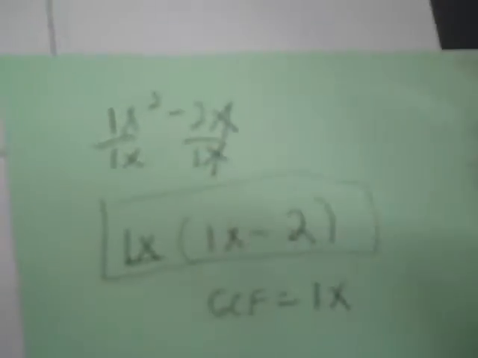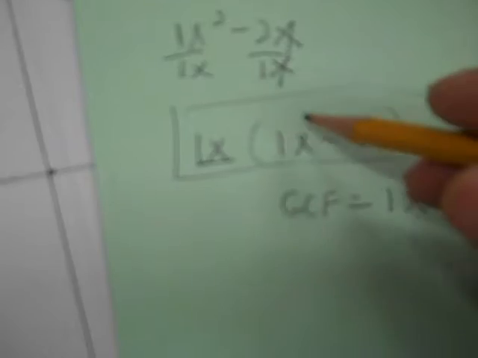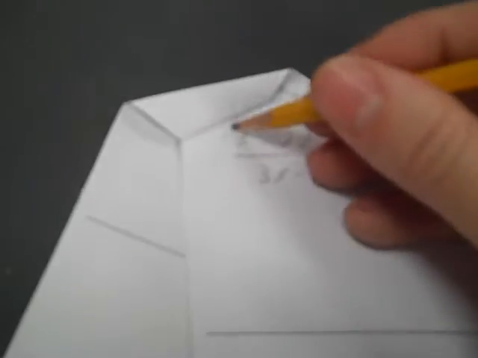So it's going to be 1x minus 2. And that's not a difference of perfect squares. It's a minus, but these are not perfect squares. The x isn't even to the second power. Okay, so I rewrite that as 1x, and then 1x minus 2. Again, parenthesize where you have plus and addition or subtraction.